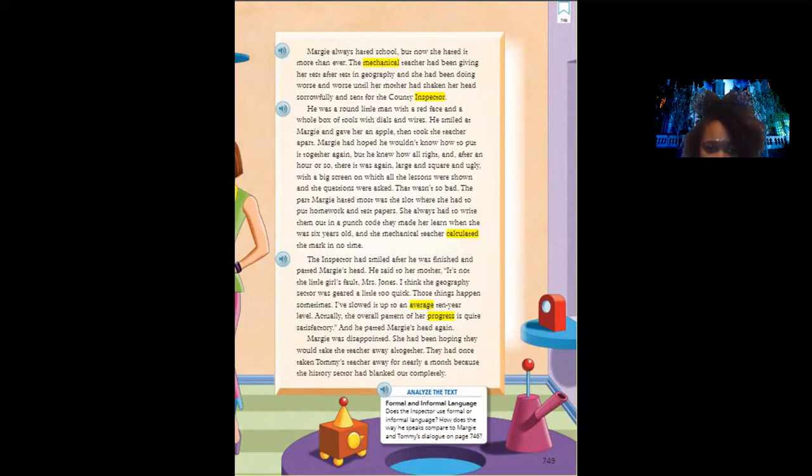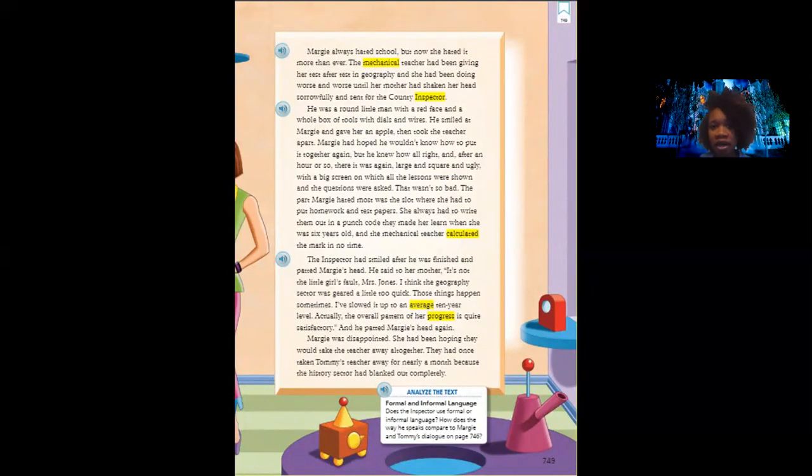Those things happen sometimes. I've slowed it up to an average 10-year level. Actually, the overall pattern of her progress is quite satisfactory." And he patted Margie's head again. Margie was disappointed. She had been hoping they would take the teacher away altogether. They had once taken Tommy's teacher away for nearly a month because the history sector had blacked out completely.